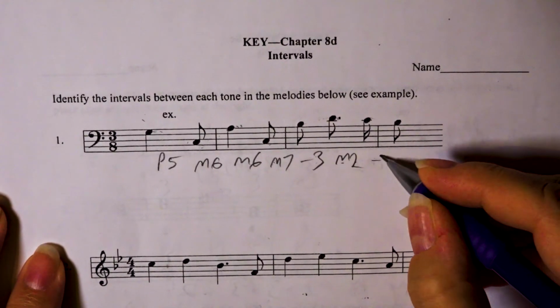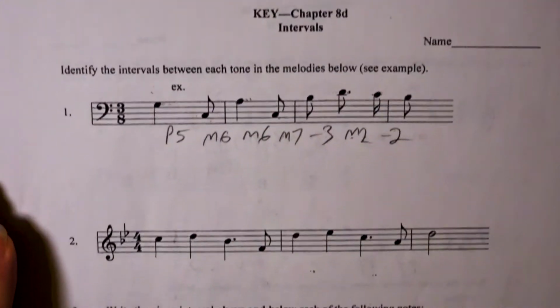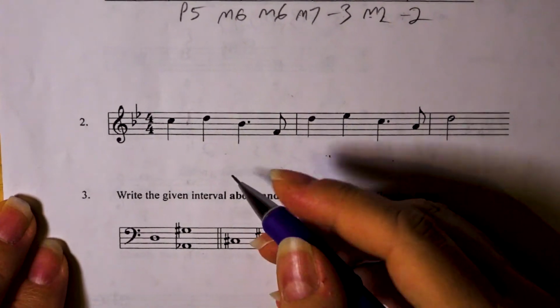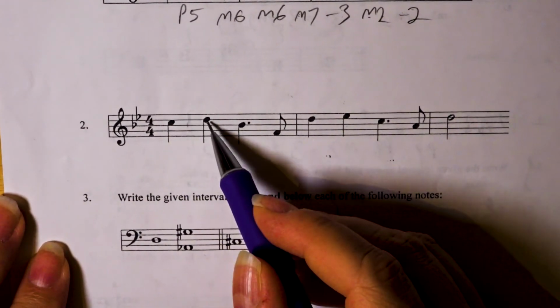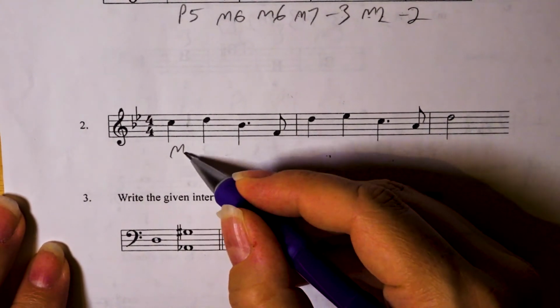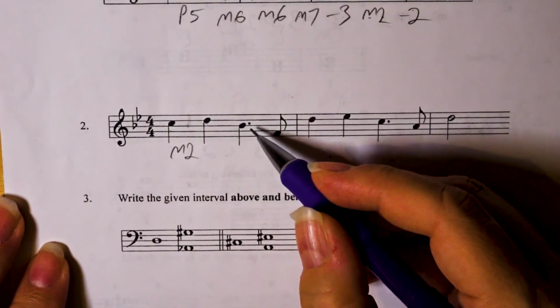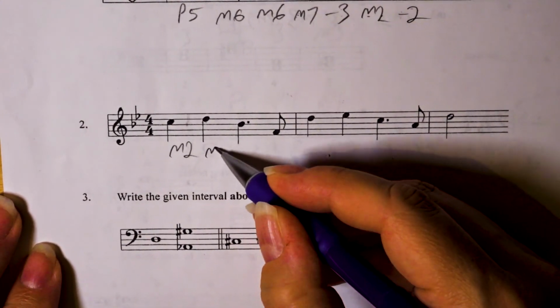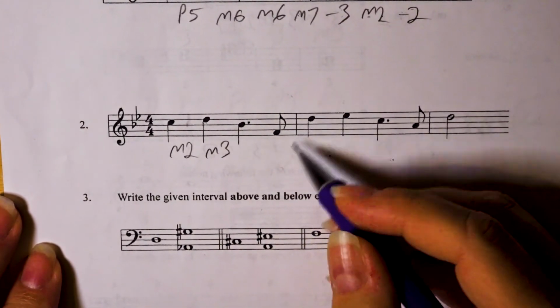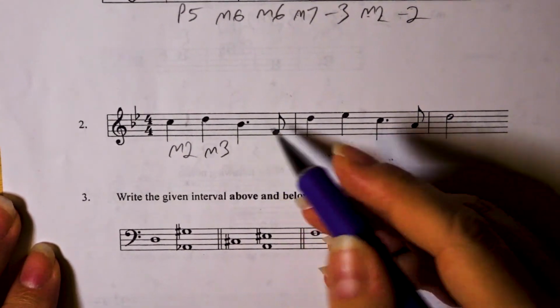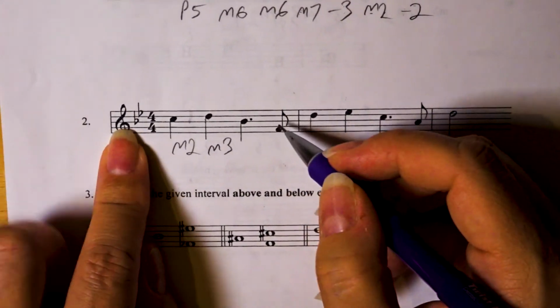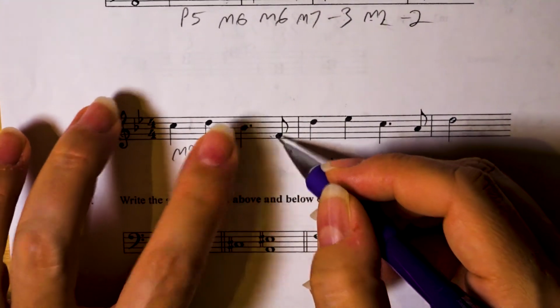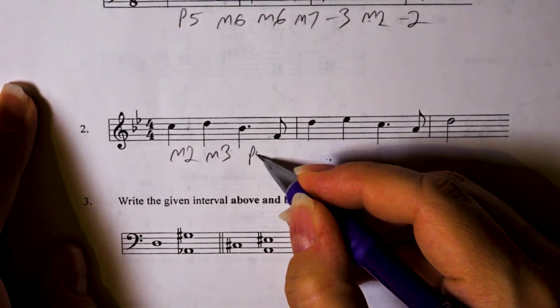C to B, it's a half step. C to D, it's a whole step. D to B flat, it's a major third. F to B flat, remember they have the B flat, you have to have different accidentals, so it's perfect 4.